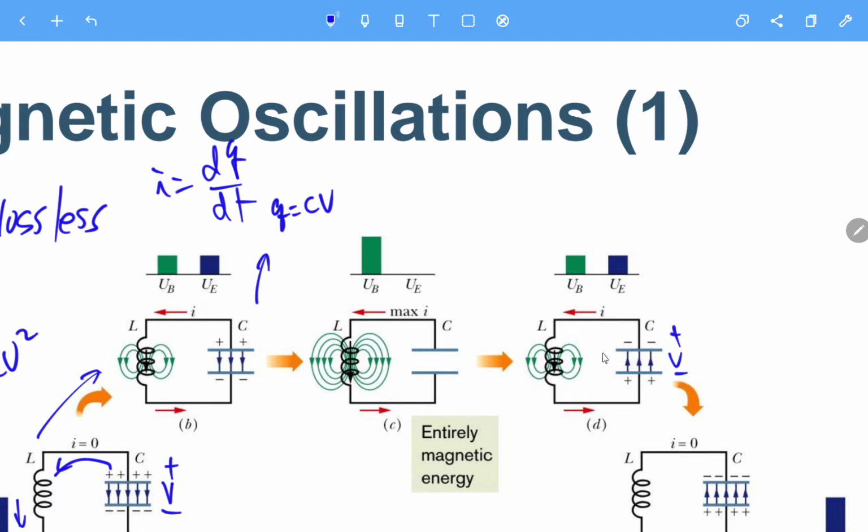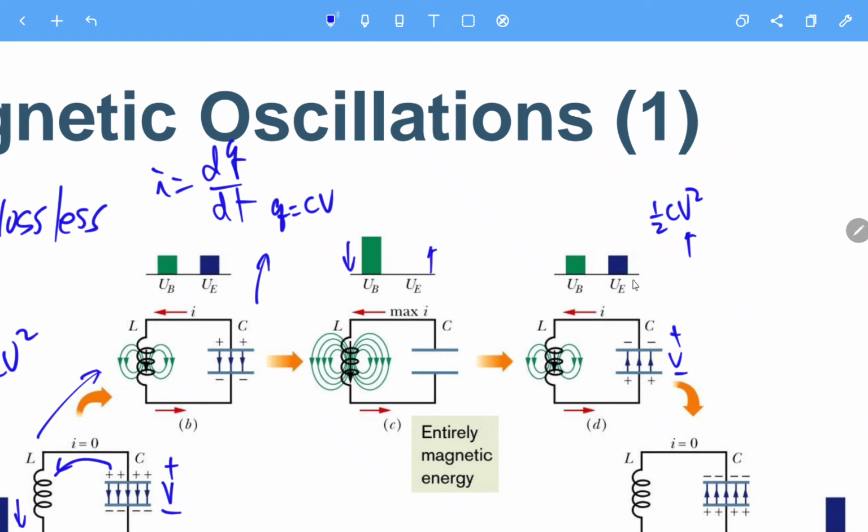But when we consider the power or energy stored in the capacitor, it is half of CV squared. So even though V is negative, taking the square will be a positive value. Here UB will decrease and UE will increase.